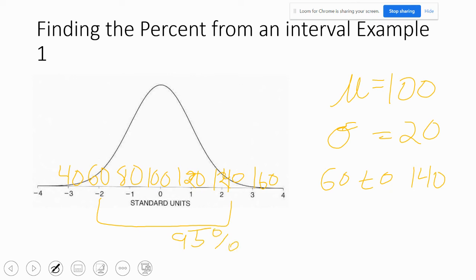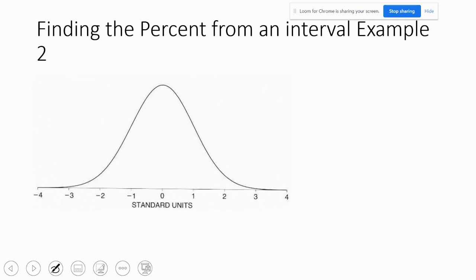Do one more example. Okay, so imagine you have a mean of 80 seconds to do a job with a standard deviation of 2, and you want an interval of 86 as the upper bound and 74 as the lower bound.